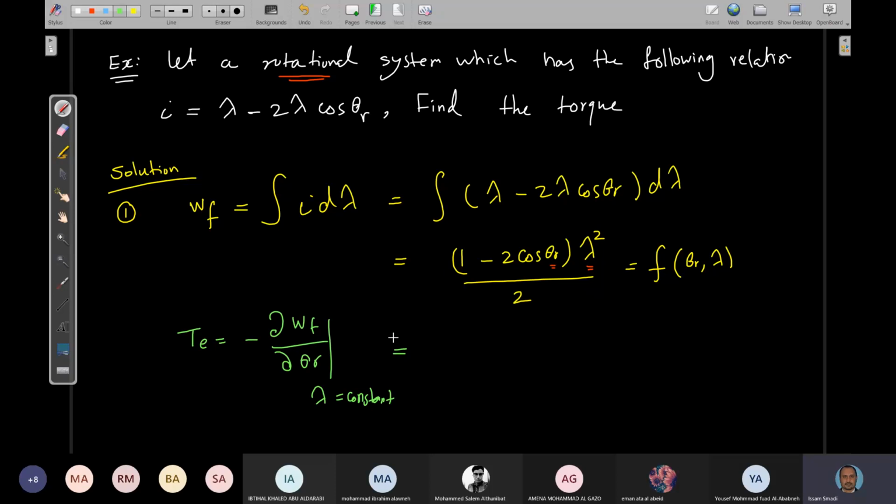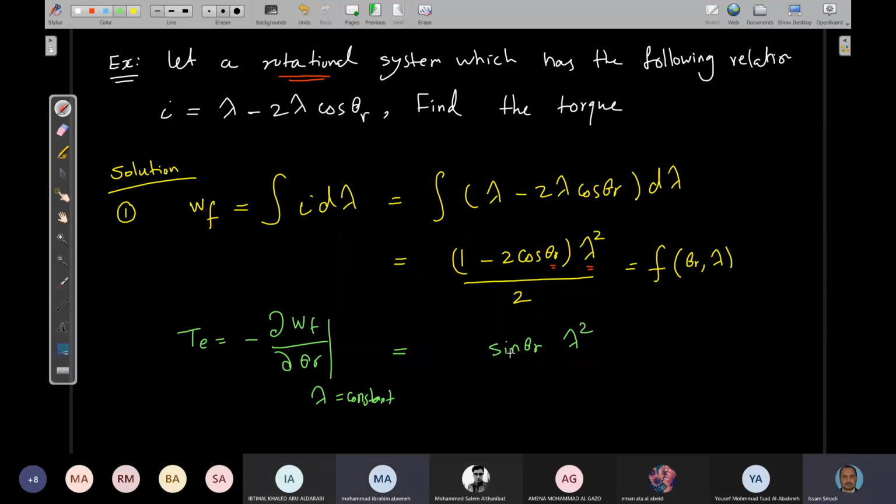Correct? Now, if I do the math, this will equal to what? Who can help me with differentiation? The constant is 0. The derivative of cosine theta r, multiplied by lambda square. So this will equal sine theta r lambda square, plus or minus?